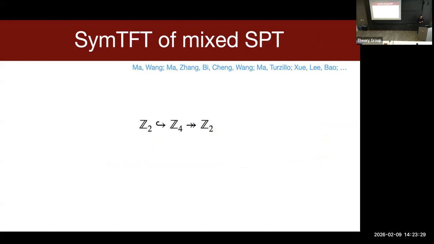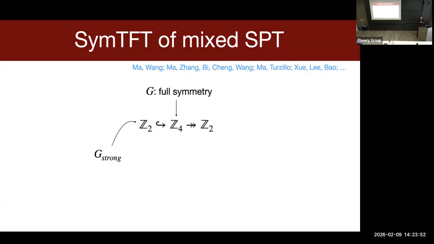Okay, and so let me explain the anatomy of this mixed state SPT by analogy with the gapless case. Again, I'm imagining a situation where the symmetry of the system is this C4 group, but a subgroup of this is a strong symmetry.